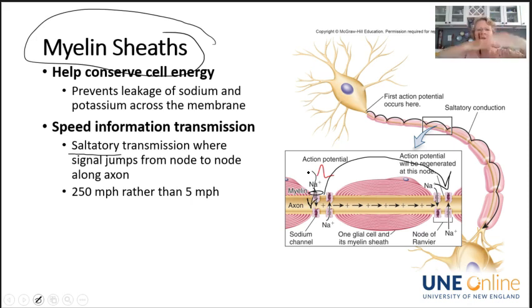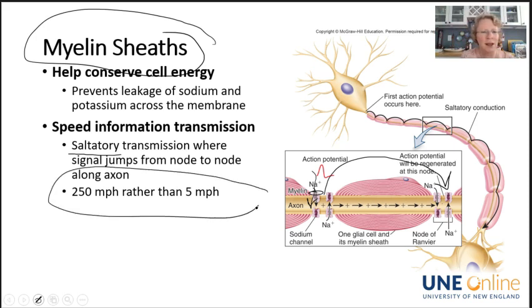That's going to cause depolarization. And then that signal jumps to the next node, opens up those sodium gates. That's going to cause depolarization. Then that signal jumps to the next node. It's the difference between something along the order of 250 miles per hour rather than 5 miles per hour traveling. So a big difference in speed.